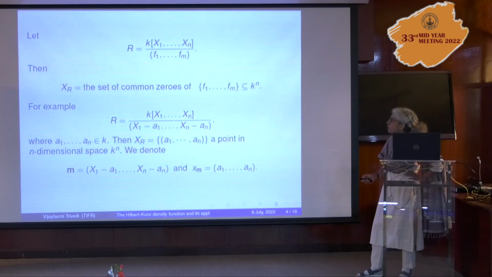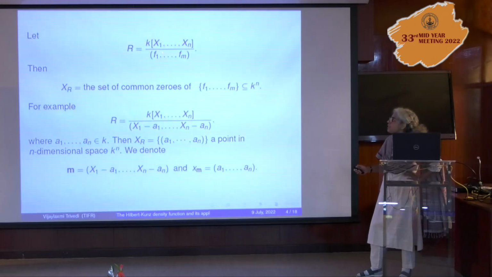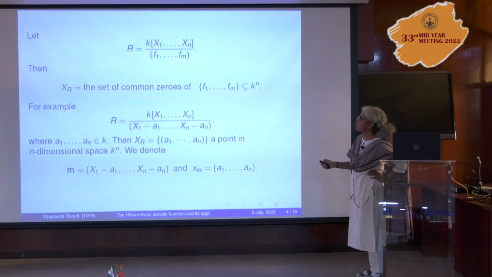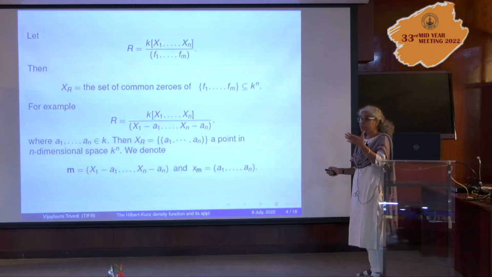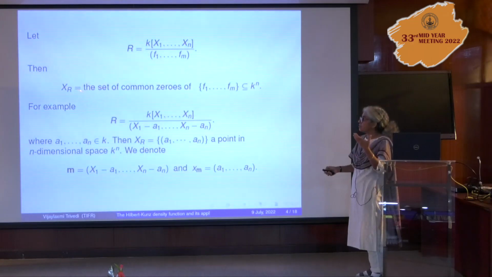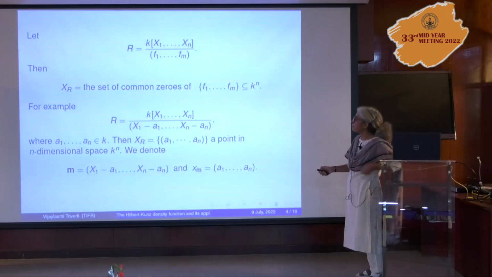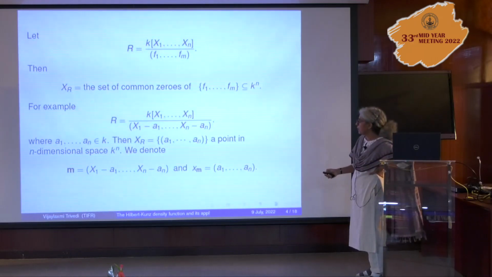So what is happening? This is called a ring, a quotient of a polynomial ring. You have n variables, x1 up to xn, and you take some number of polynomials, f1 up to fm, and take the common zeros of those polynomials. That will give you X_R, a kind of geometrical space sitting inside an n-dimensional space. So this part perhaps you can ignore.